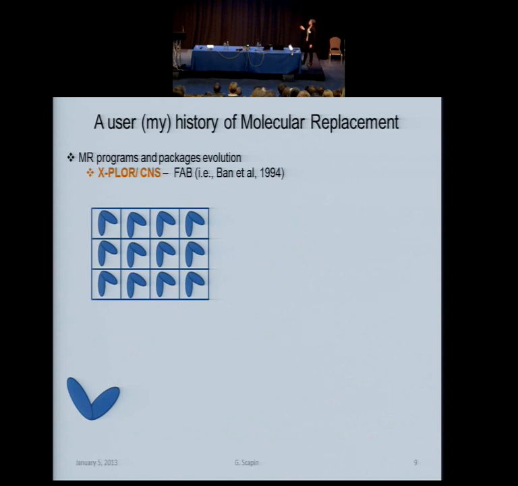This is a very quick summary of the paper that brought the method to popularity, and it is the application when you're trying to solve an FAB molecule. An FAB molecule is normally formed by 2 domains, a constant and a variable domain, joined by a linker. So the relative position of the 2 domains is always different in a different FAB.